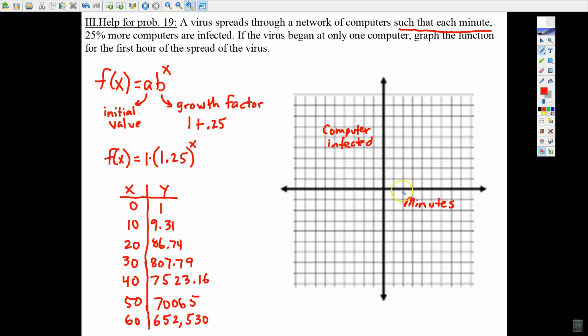So let's try to plot these. Obviously, we're going to have to change our units. We can make these 100,000. That's more than enough. And I'm going to do our units in tens.